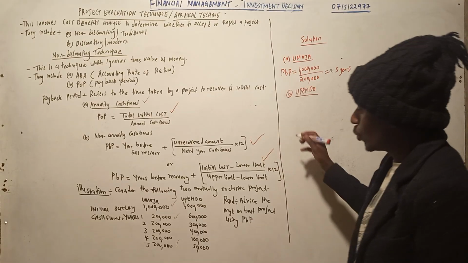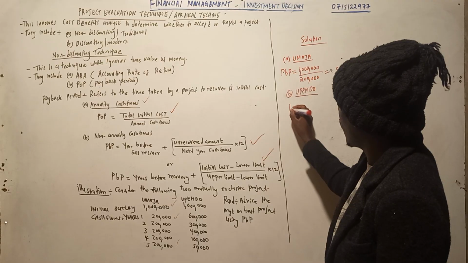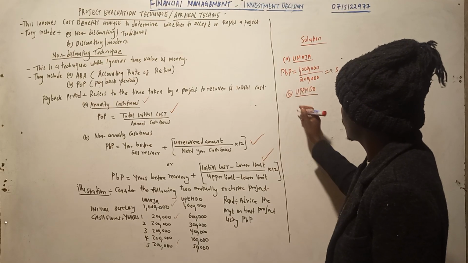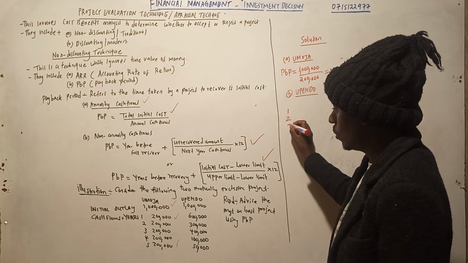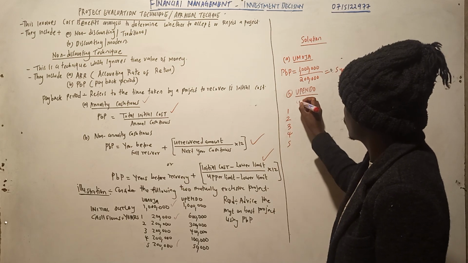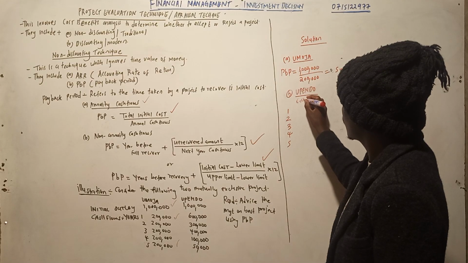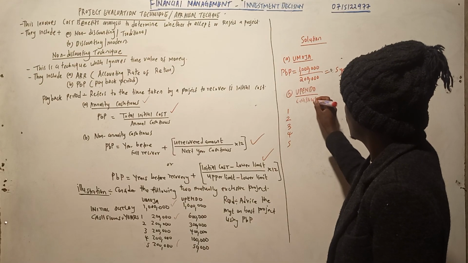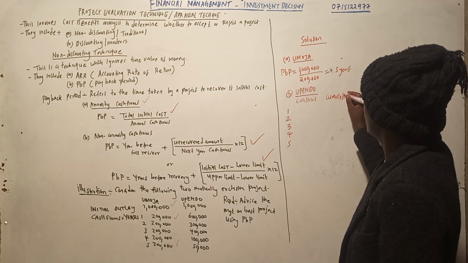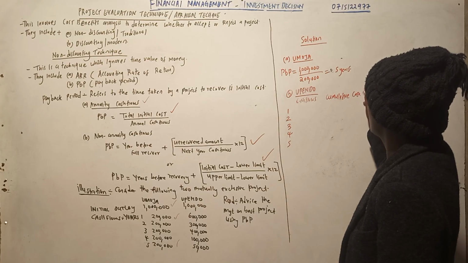So you come up with your cash flows for years 1 to 5, and there you write cumulative cash flows.